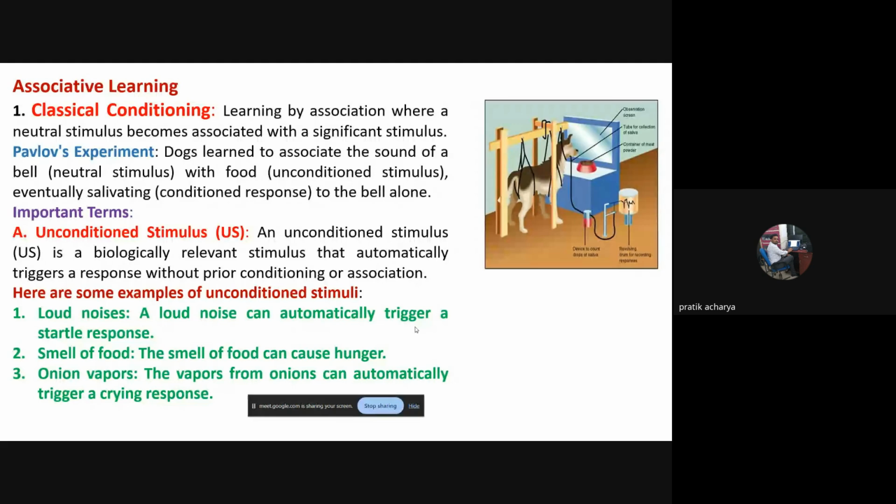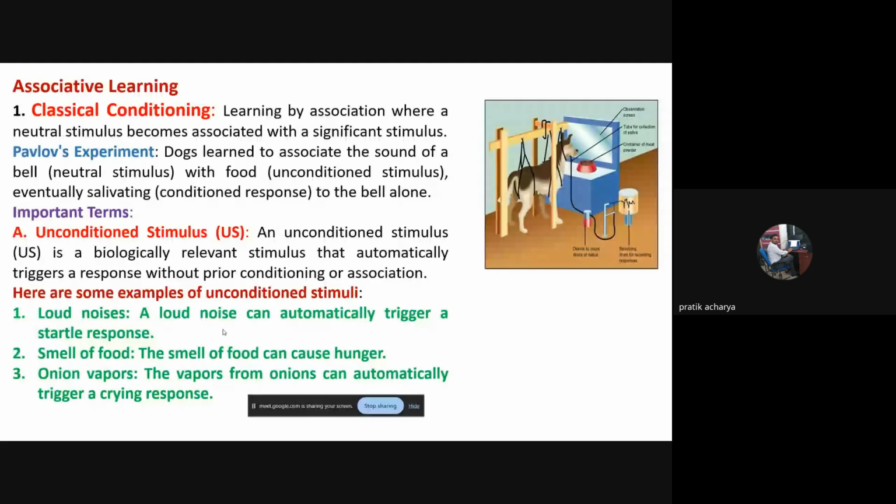And what are the important terms in classical conditioning that we have to understand? First, the unconditioned stimulus. For example, a loud noise can automatically trigger a startle response. If you are attending a marriage party and there is a DJ, that DJ sound will automatically trigger certain physiological processes within you.